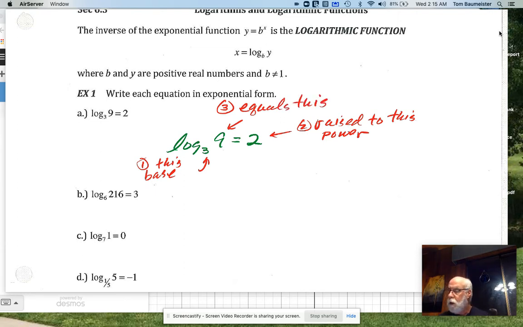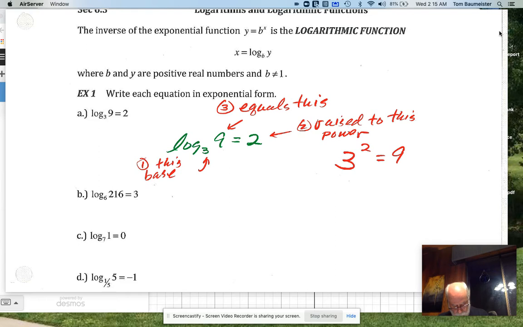All right, so let's see how I just said that. This base, so 3, raised to this power 2, or 3 squared, that equals 9. And of course, ladies and gentlemen, you know that one is a true statement.